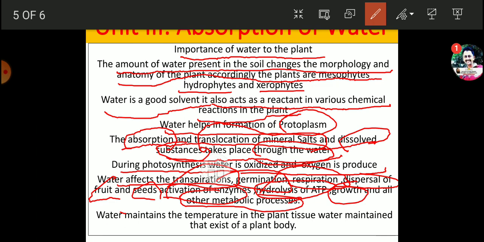Water maintains the temperature, as we know with the transpiration process, which might be known to you, or we have to learn in detail also. So for your kind information, you have to write in your notebook the definition of the transpiration process. The loss of water in the form of water vapors through the aerial parts of the plant body is known as transpiration.